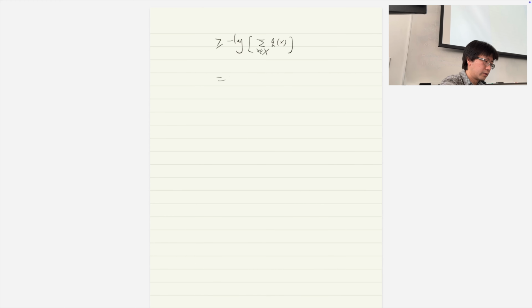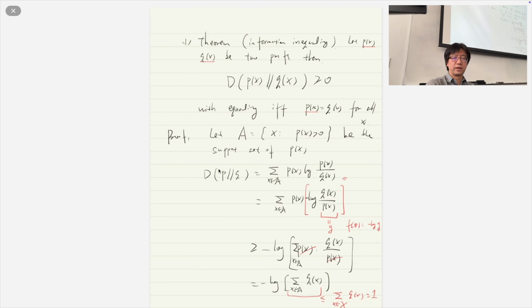So that is equal to 0. Okay, and then we'll finish our proof, right? We've proved our relative entropy is bigger than or equal to 0, right? Any questions?